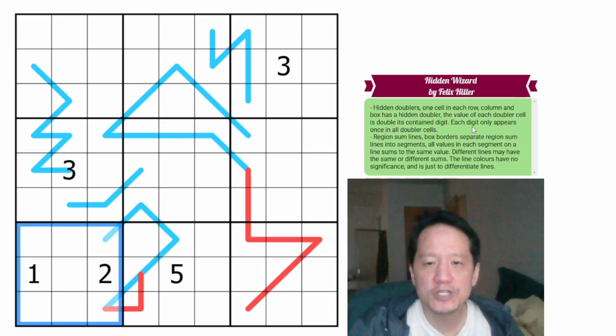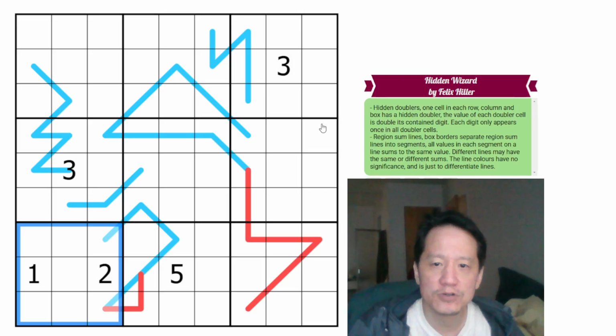Anyways, region sum lines. Box borders separate region sum lines into segments. All values in each segment on the line sum to the same value. Different lines may have the same or different sums.